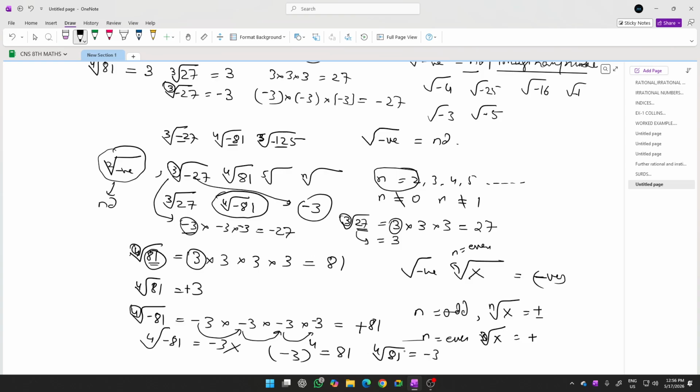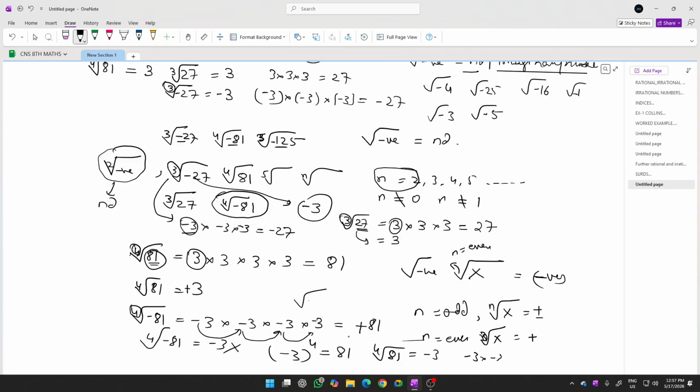You can see that minus 3 multiplied 4 times will give plus 81. Inside the root you will never get a negative number.